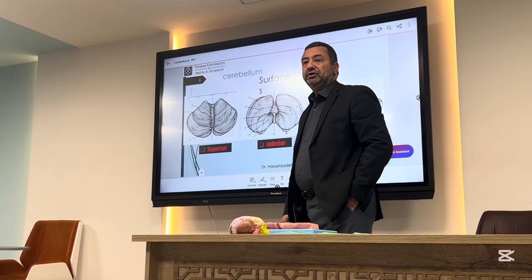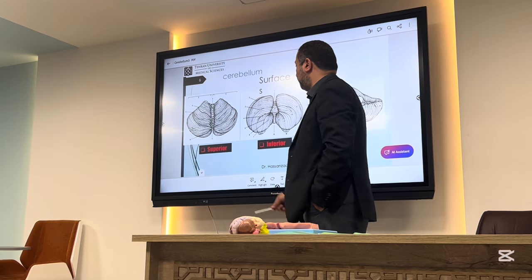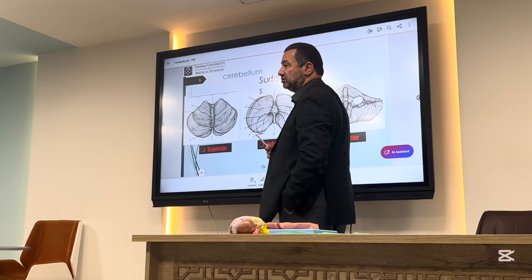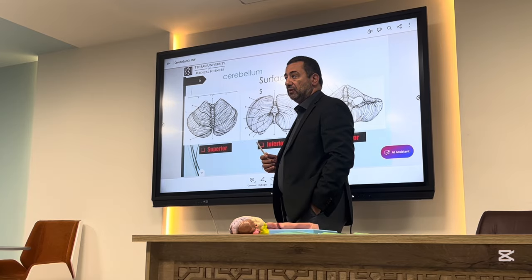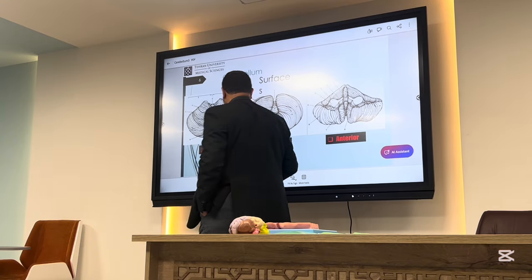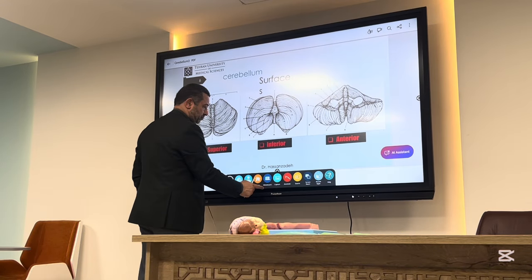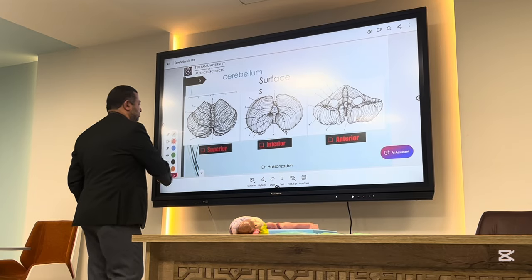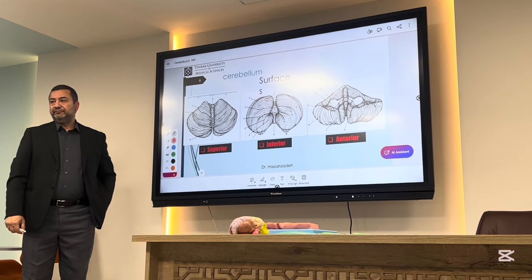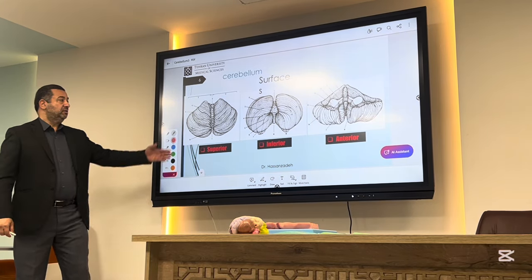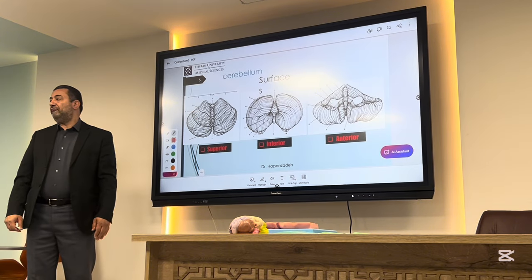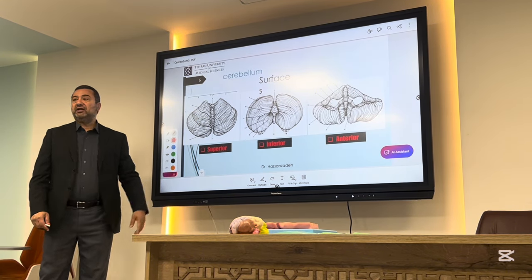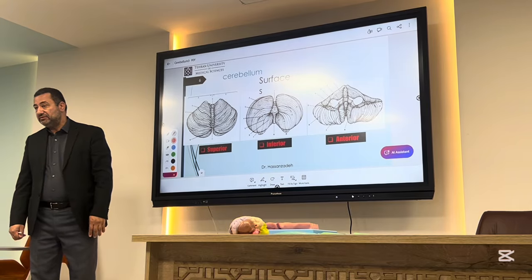Cerebellum has three surfaces: superior surface, inferior surface, and anterior surface. On the superior surface of the cerebellum, you may see superior surface of two cerebellar hemispheres and superior surface of the superior vermis.